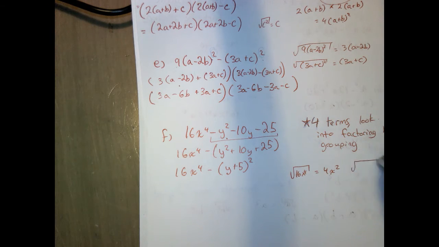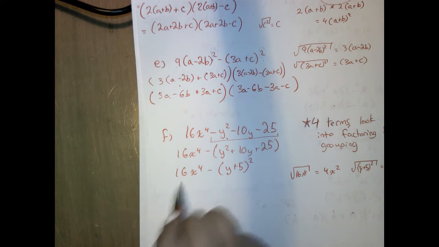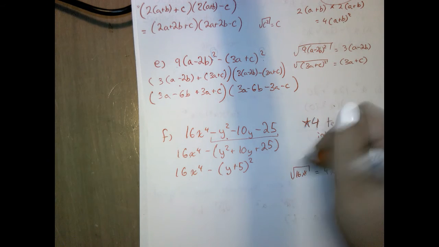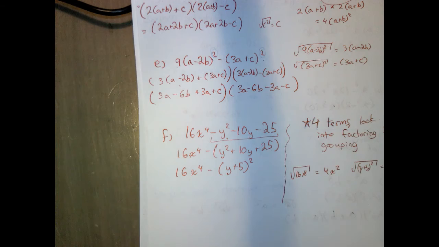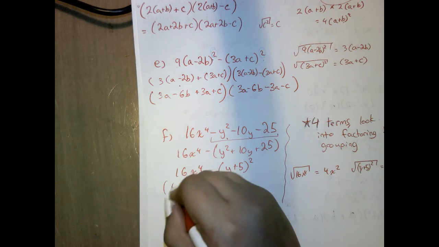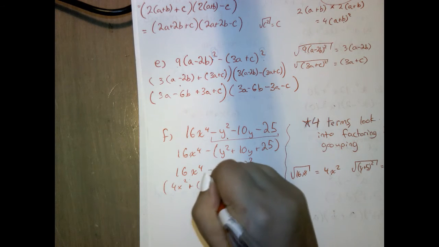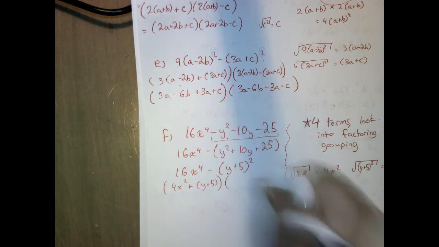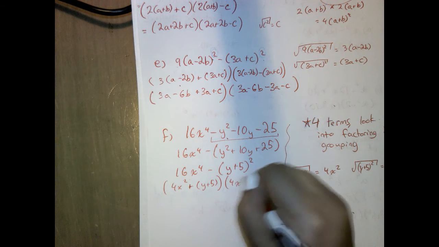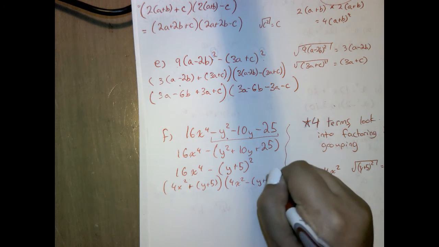And I have the square root of y plus 5 squared, which is just y plus 5. And I can factor this out as a difference of squares. Let's make a little barrier. So I've got 4x squared plus y plus 5 times 4x squared minus y plus 5.